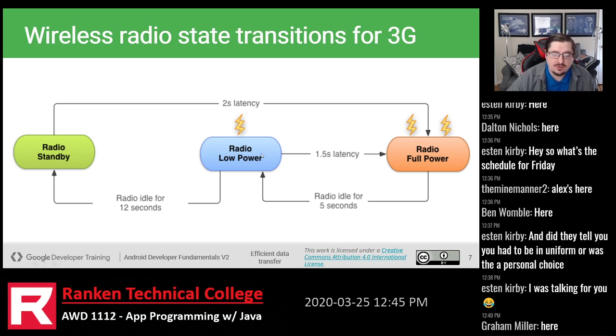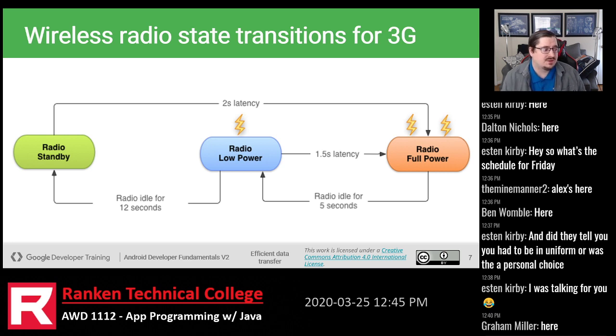Similar thing here, if it goes from low power to full power, it's going to take about a second and a half. Again, all of these 4 numbers vary depending on what kind of hardware you're using. But that's generally a thing to keep in mind: it takes time to ramp back up, and it also takes time for the radio to turn off.